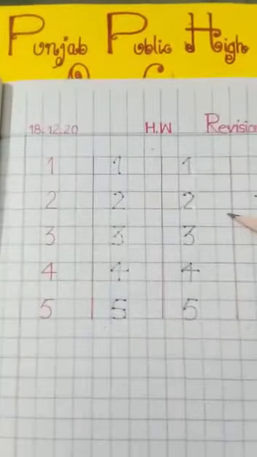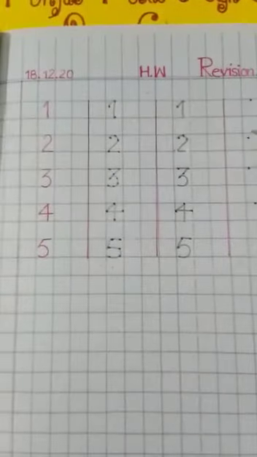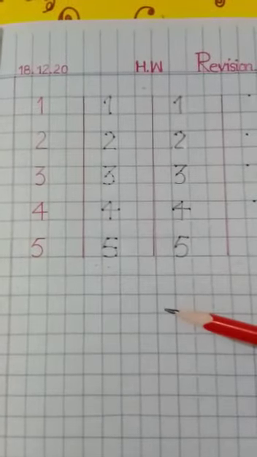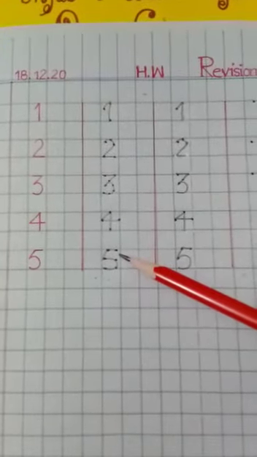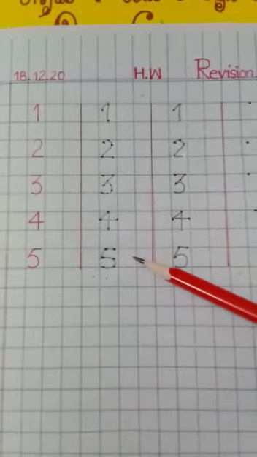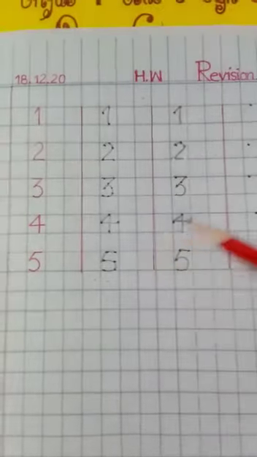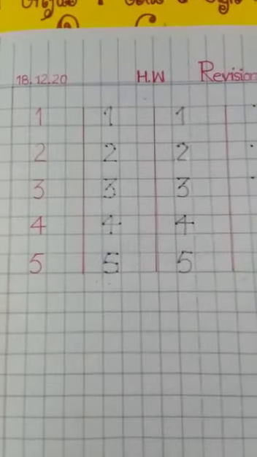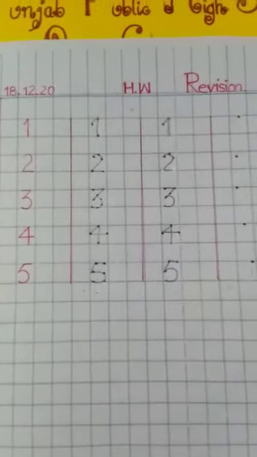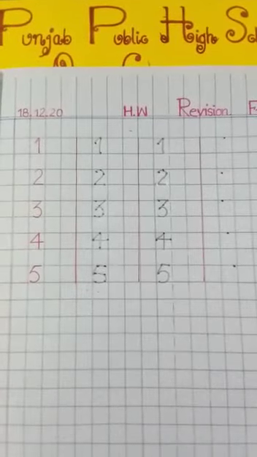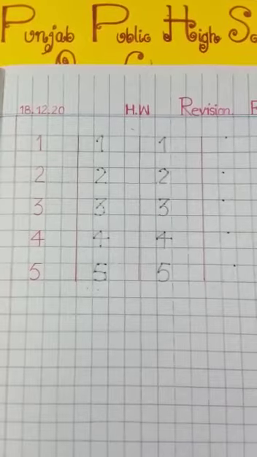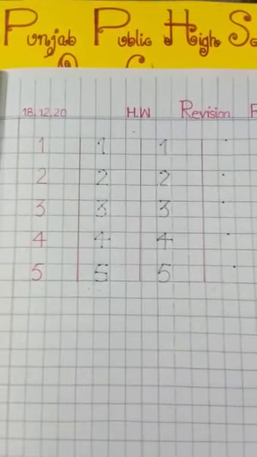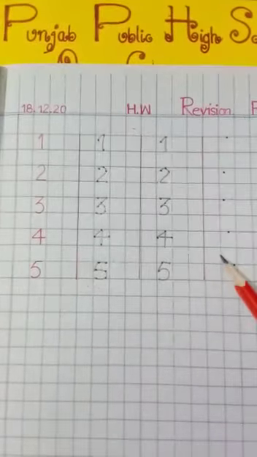So you can also utilize the remaining page, but completing these 5 numbers at least 5 times is compulsory for all of you. So try to do your homework neatly and properly in these 3 rows.